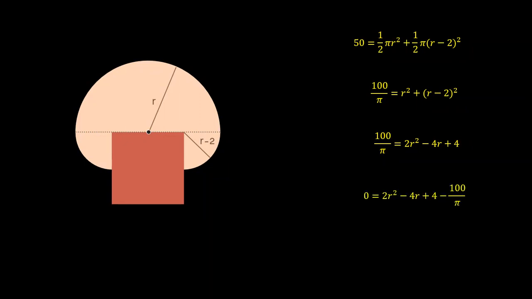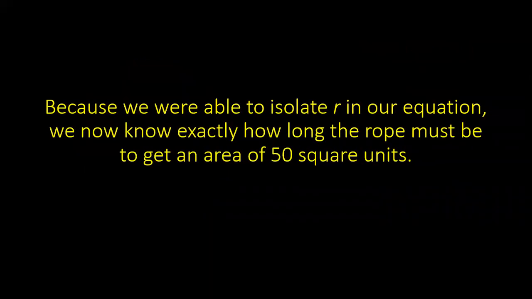This is a quadratic equation, and you can solve it. r is equal to 1 plus the square root of (50 by pi minus 1), which is approximately 4.86. Because we were able to isolate r in our equation, we now know exactly how long the rope must be to get an area of 50 square units.